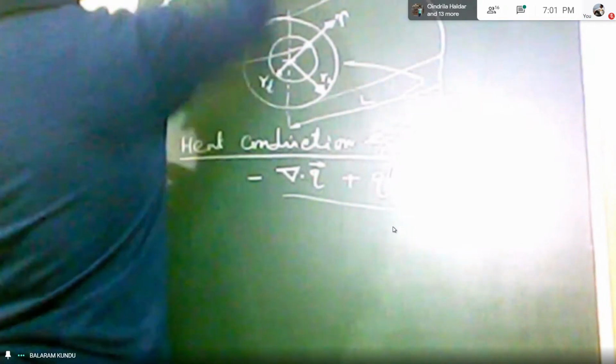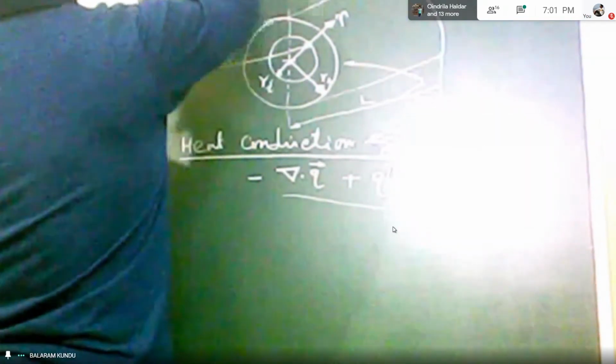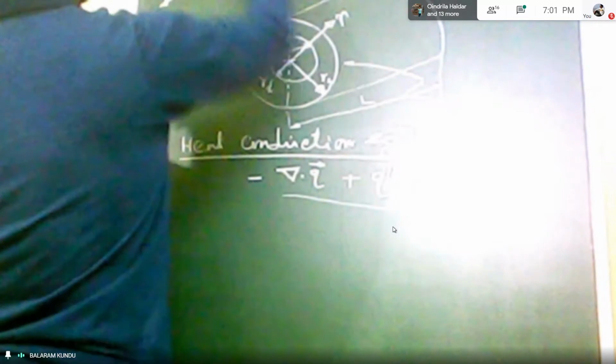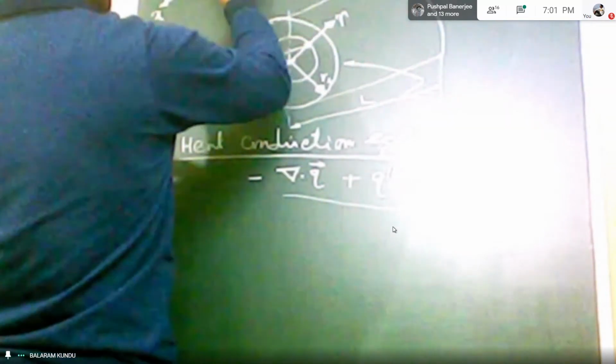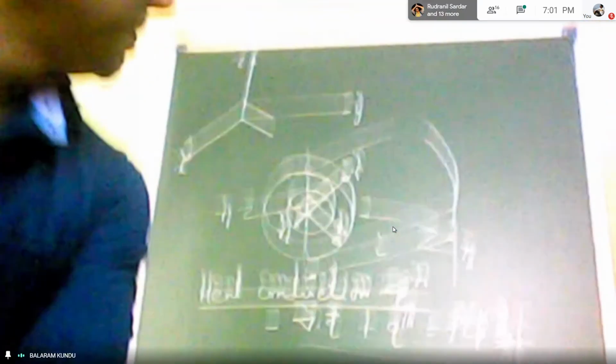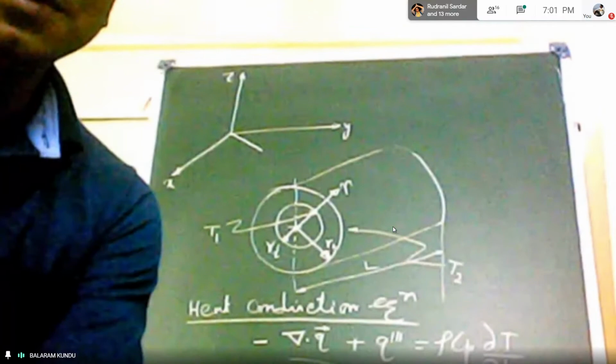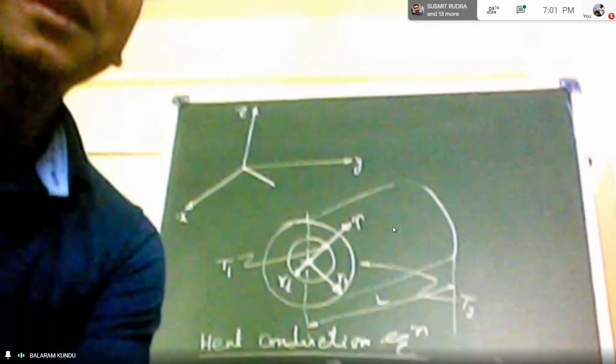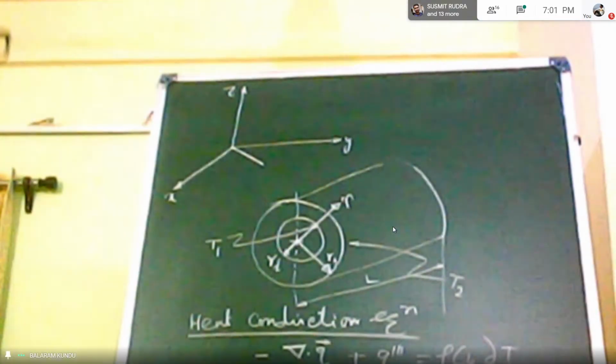X-axis. Can you see it now? Okay, it is visible. Now it is okay.